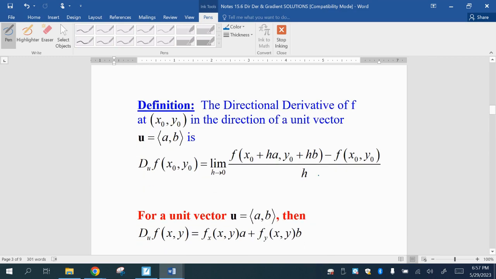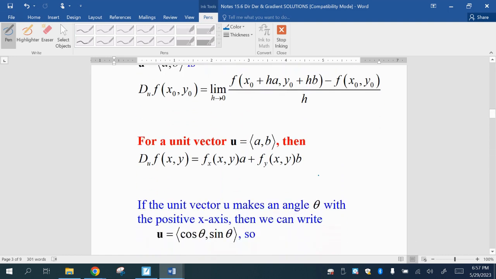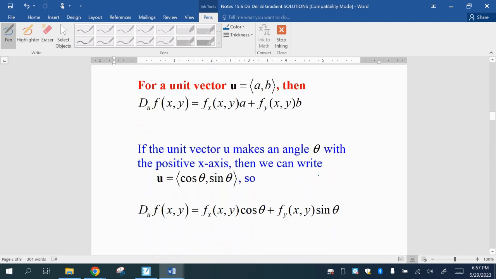So the directional derivative, without using the limit notation, is the partial with respect to x times a plus the partial with respect to y times b. Now, a and b are parts of the unit vector.